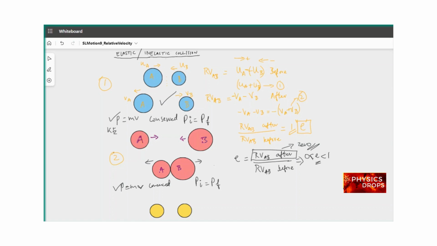In elastic collisions, kinetic energy is conserved. Kinetic energy initial will be equal to kinetic energy final in the first case. But in the second case of inelastic collisions, kinetic energy initial is not equal to kinetic energy final. In case number 2, kinetic energy is not conserved.